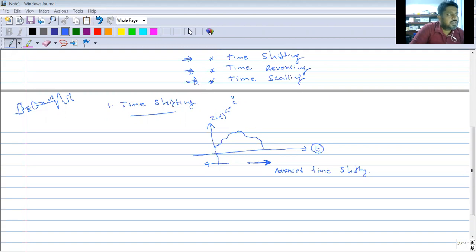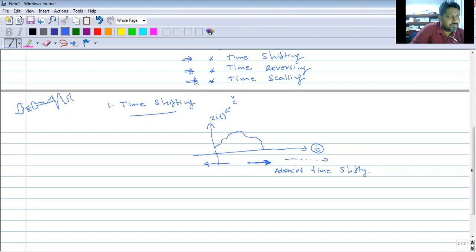So we are talking about time shifting techniques. If we shift this signal this way, that is the increasing direction. The time is increasing in this direction.